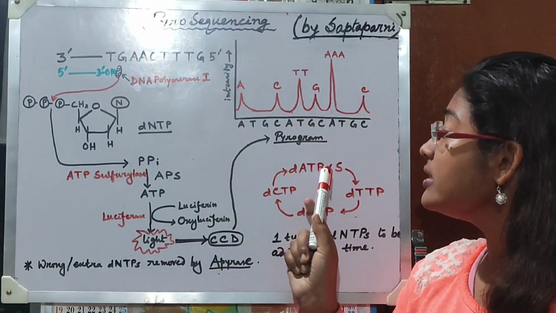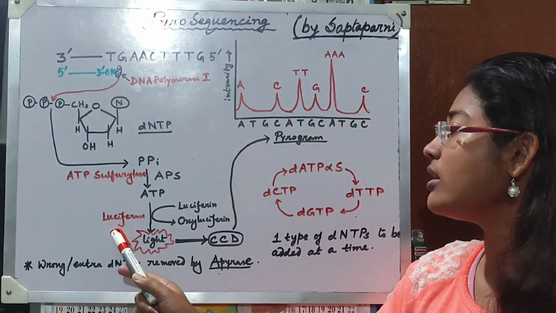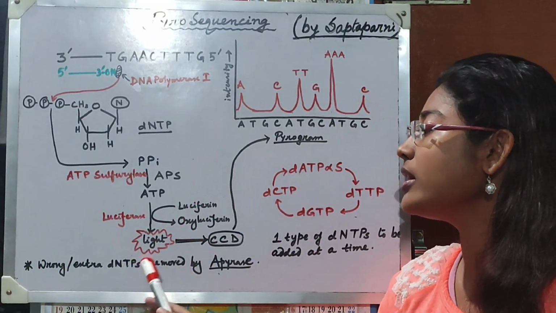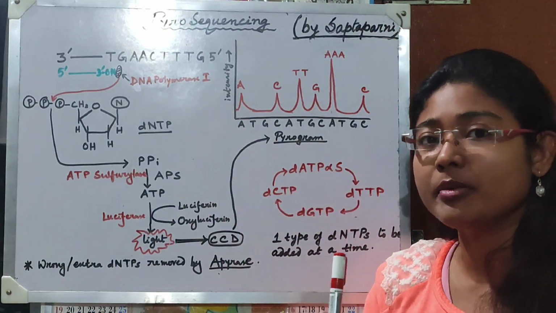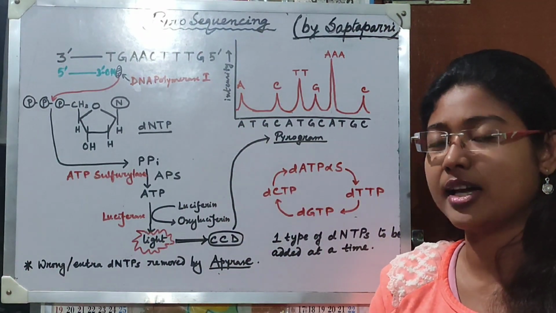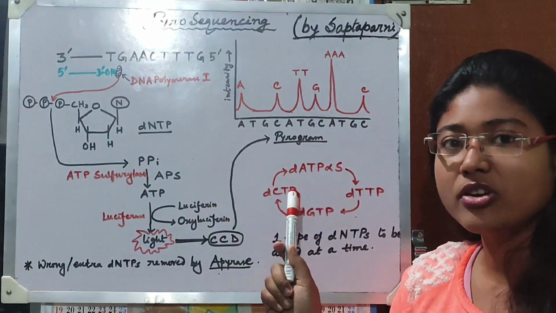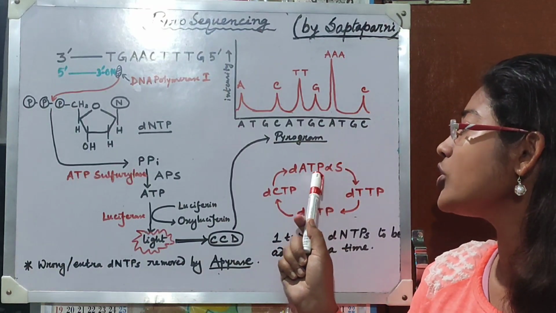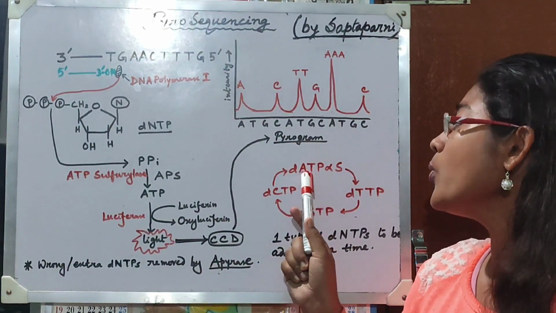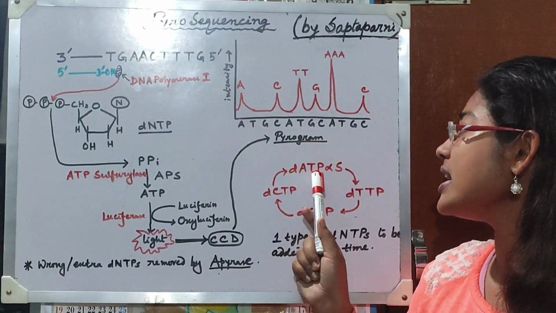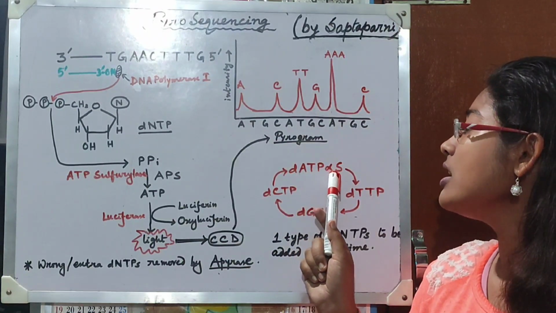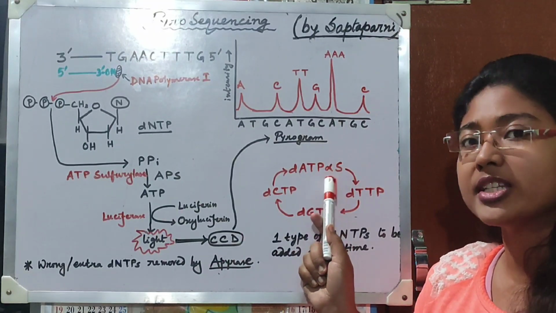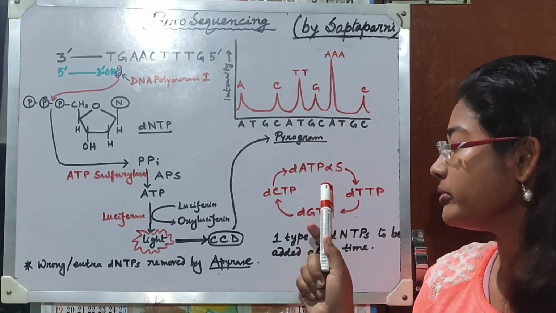Okay, but in that case also dATP will react with luciferase and will give the light. So that kind of peaks are false positive peaks actually. So to avoid this kind of situation, to avoid the reaction of dATPs with luciferase, we actually use dATP alpha S, that means deoxyadenosine alpha thiotriphosphate, okay, instead of normal dATPs, okay.